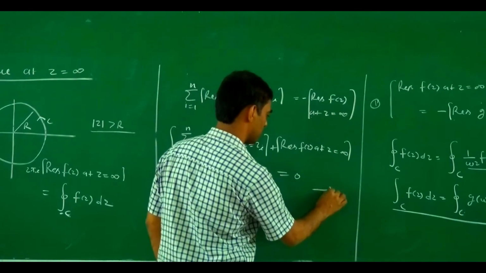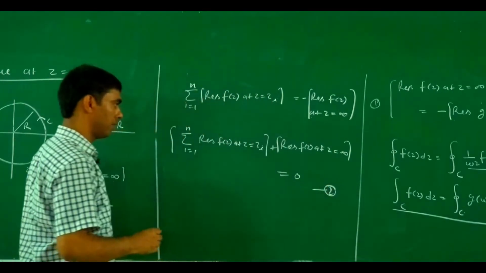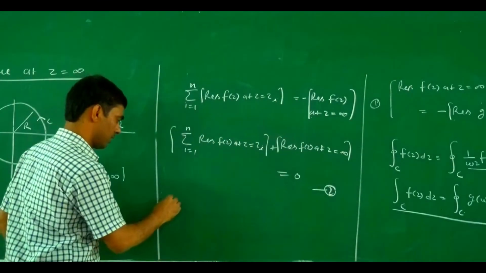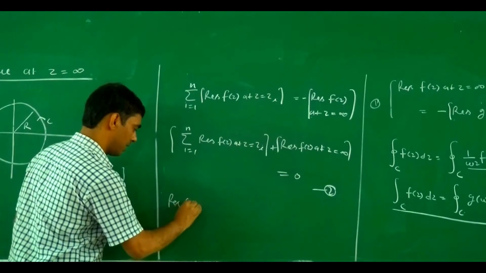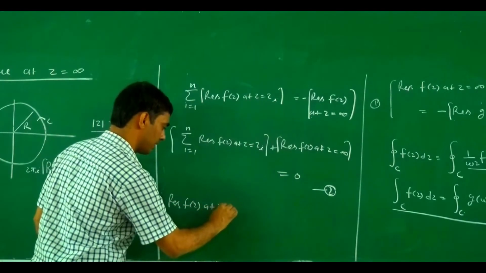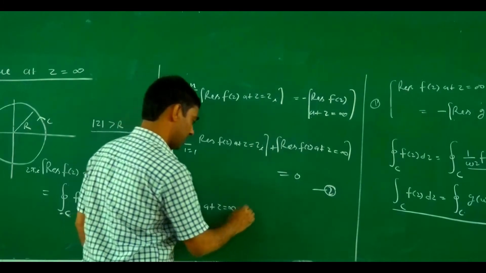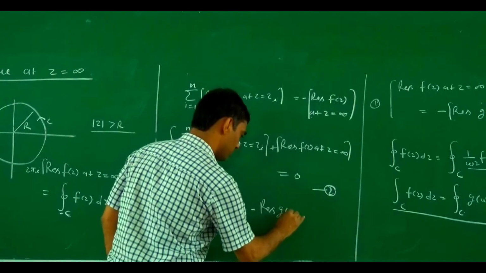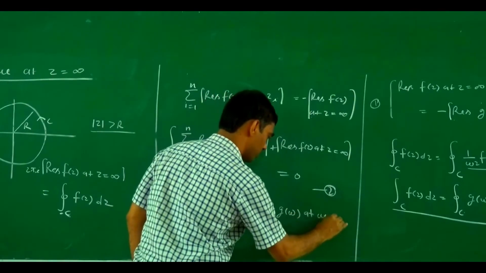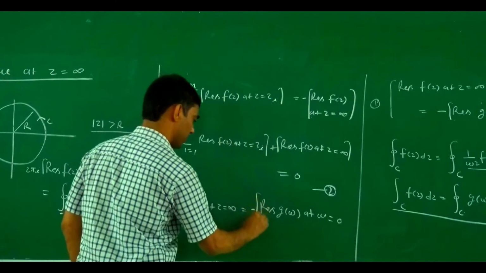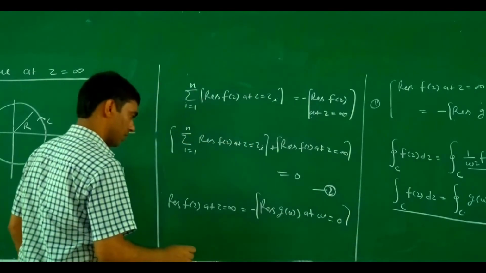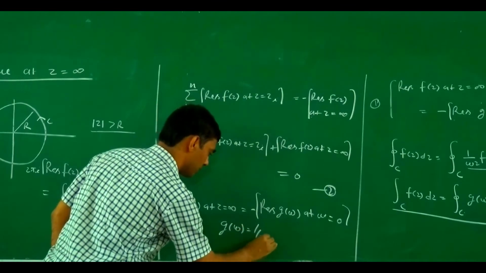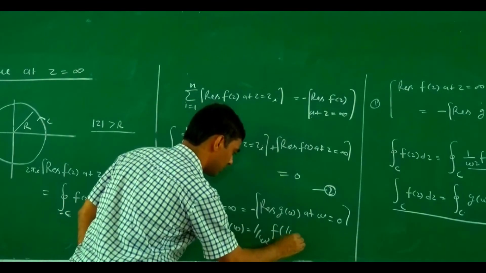We call this result 2, and the result is that the residue of f(z) at z equal infinity equals minus the residue of g(w) at w equal 0, where g(w) is 1 upon w square f of 1 upon w.